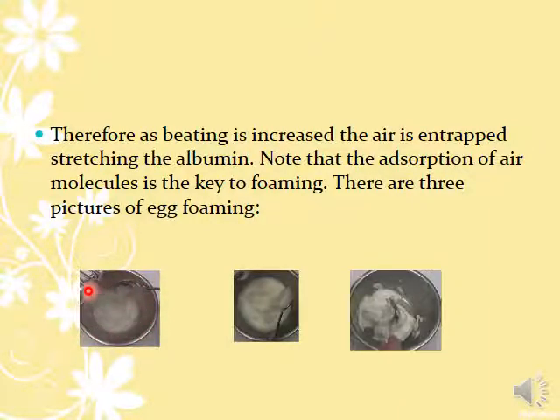First of all, you break the egg inside the bowl, and then you whisk it, and as you increase the whipping process, the air will get more entrapped in the stretching of the albumin, and then you get a lightweight foam material here. And that concludes the third part of protein.